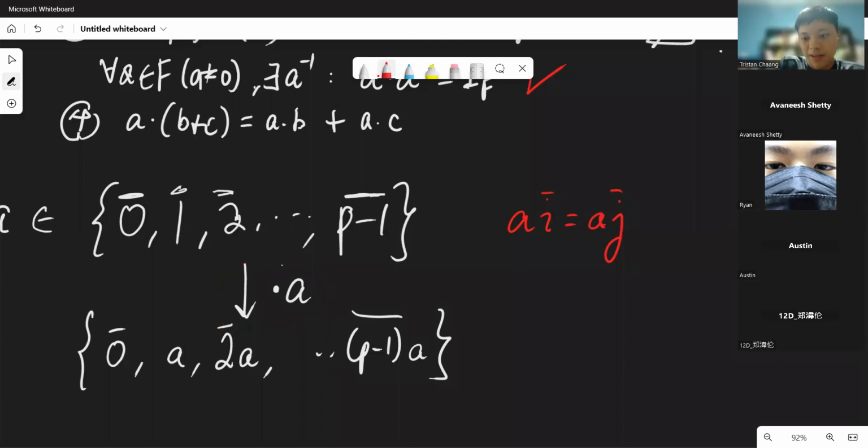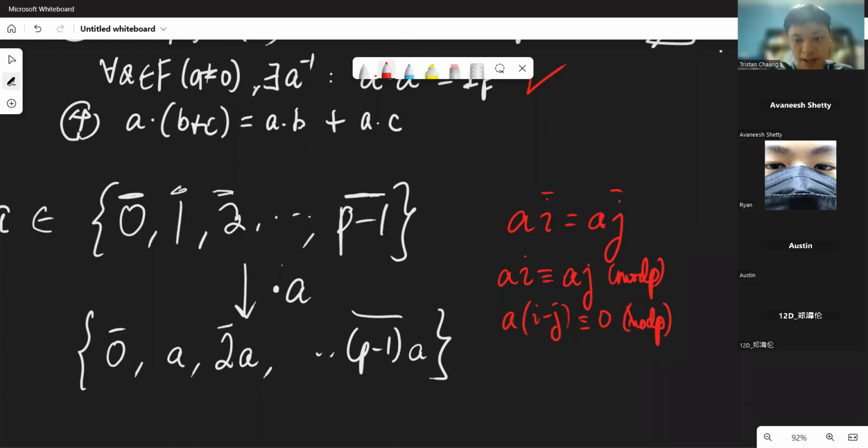Okay, but we're talking about mod p arithmetic, so if ai is congruent to aj mod p, then a(i minus j) is 0 mod p. But A is not a multiple of p, right? A is non-zero, remember?